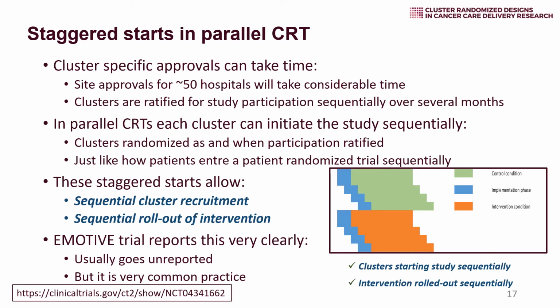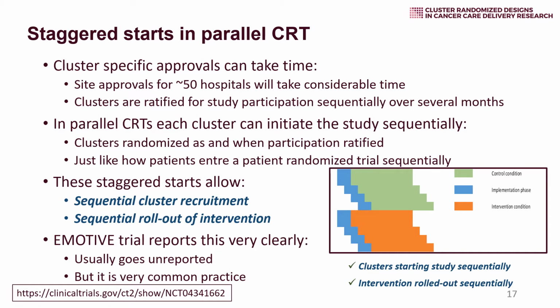So first of all, an example of staggered starts in a parallel cluster trial. Staggered starts are important because cluster-specific approvals can take time. So for example, imagine running a trial with 50 hospitals. The site approvals for those 50 hospitals might take a considerable amount of time, and clusters will probably end up being ratified for study participation sequentially over several months.